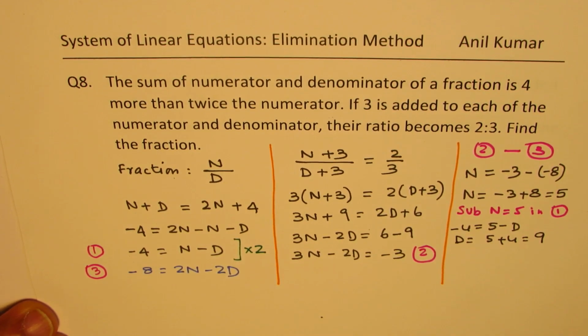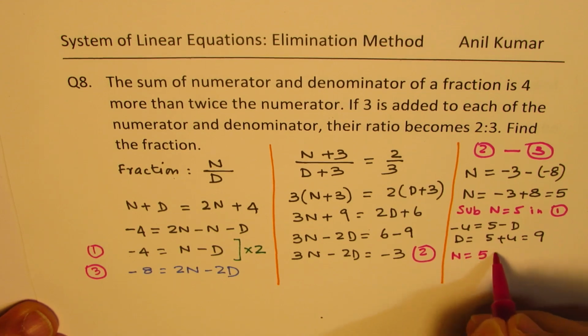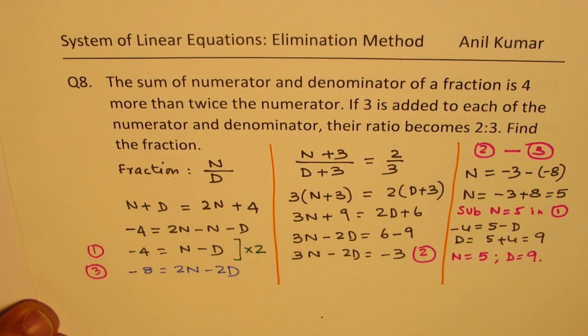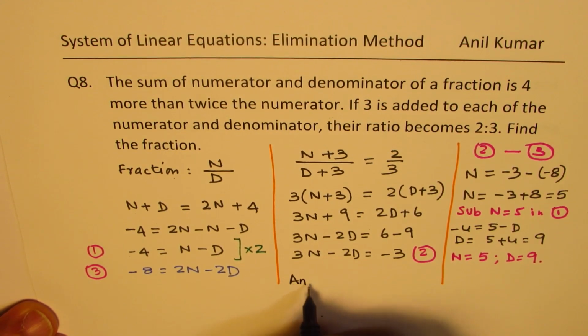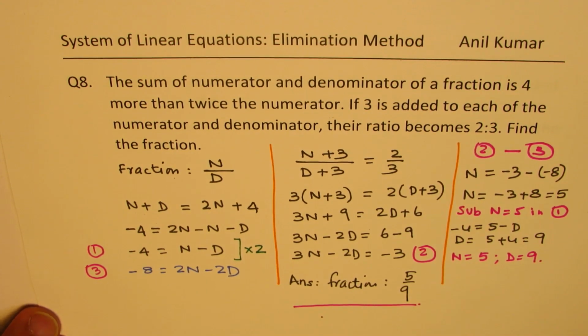So d is 9. So now we know that numerator is 5 and denominator is 9. Find the fraction. So our answer here is, fraction is 5 over 9. Clear? So that is how we are going to solve this question.